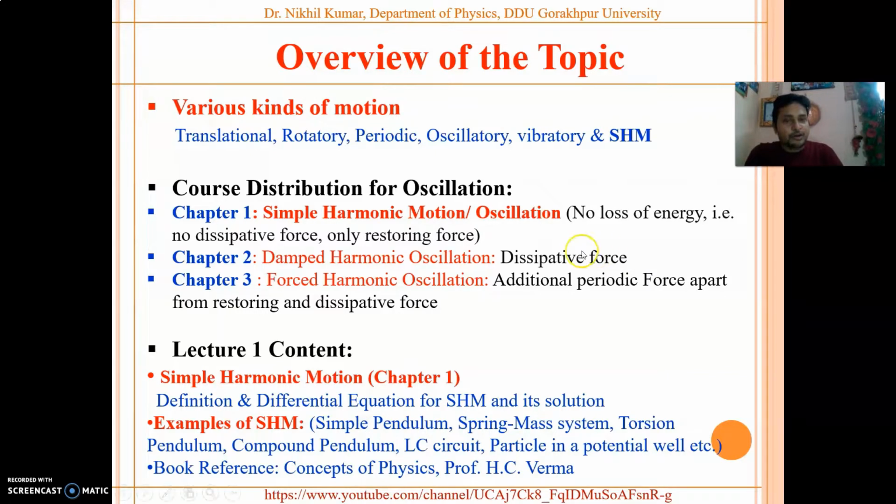So in chapter 2, dissipative forces will also come into the picture apart from the restoring force, and that oscillation we call damped harmonic oscillation. In the 3rd chapter, known as forced harmonic oscillation, an additional periodic force will also come into the picture apart from the restoring and dissipative forces.